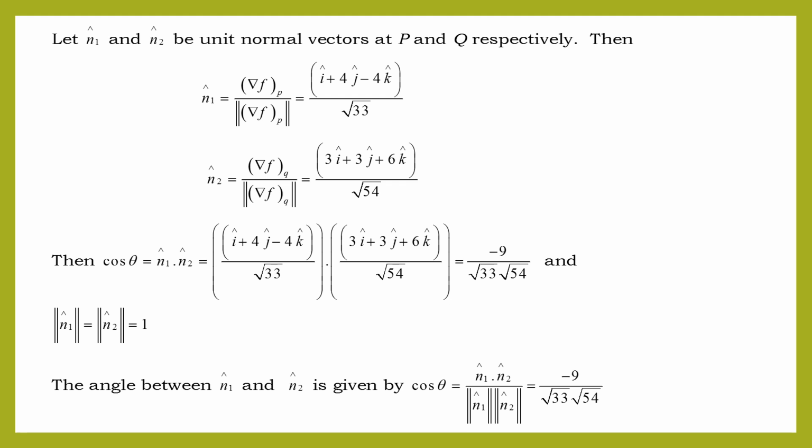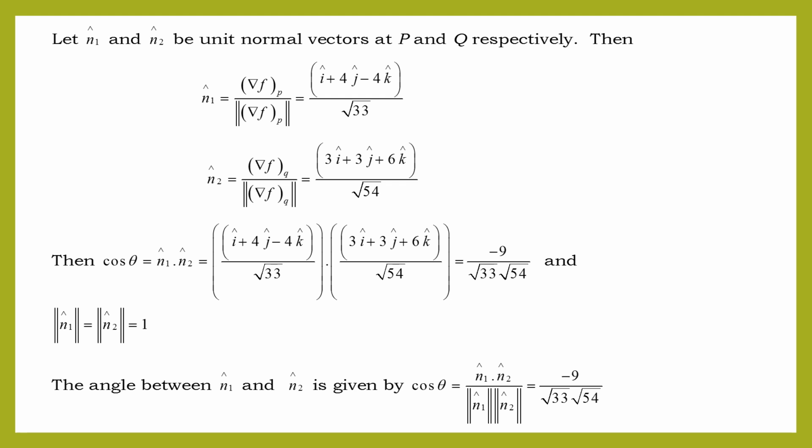So far we have found ∇f at P and ∇f at Q. The ∇f at P represents the normal to the given surface f(x, y, z) = xy − z² at the point P (4, 1, 2). ∇f at the point Q represents the normal to the surface xy − z² at the point Q (3, 3, −3).